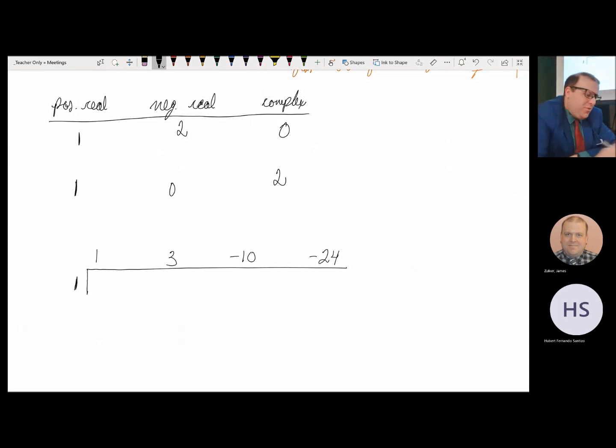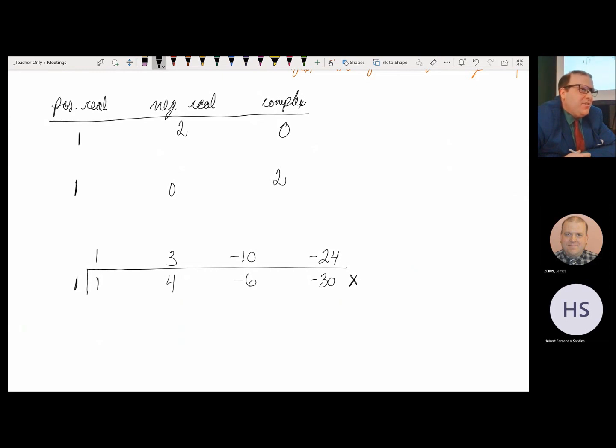And then remember how synthetic works. The first drops down. 1 times 1 plus 3 times 1, minus 10 times 1, minus 24. It's not 0, so x minus 1 is not a factor.